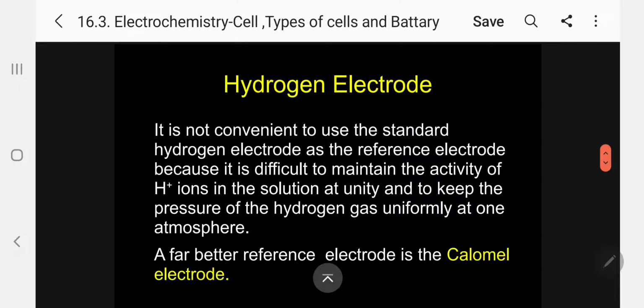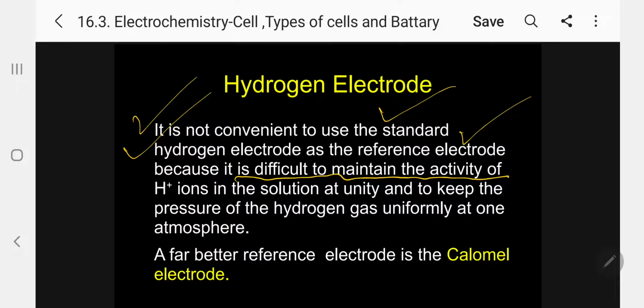Now, I told you, it is not convenient to use the standard hydrogen electrode as a reference electrode, because it is very difficult to maintain the activity of H plus ion in the solution at unity, and to keep the pressure of the hydrogen gas uniformly at 1 atmospheric pressure.